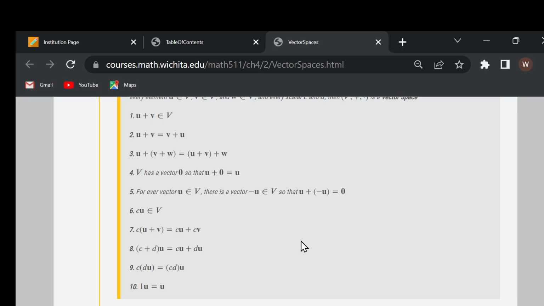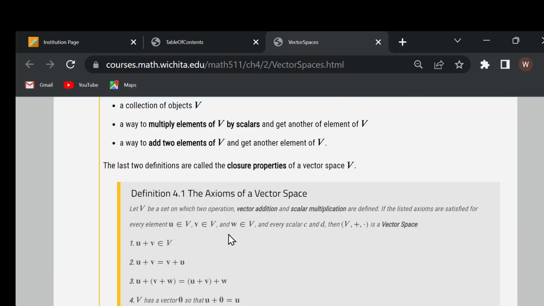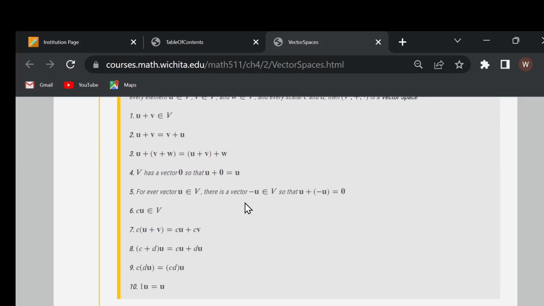They are things that must be true. And if we have any set of things for which addition of two of them gives us another one of them, and if I multiply one of them by a scalar, I get another one of them, and that addition and scalar multiplication has all of these 10 properties as true, then we're going to call it a vector space.